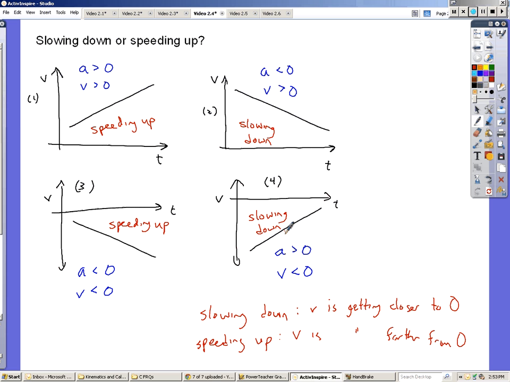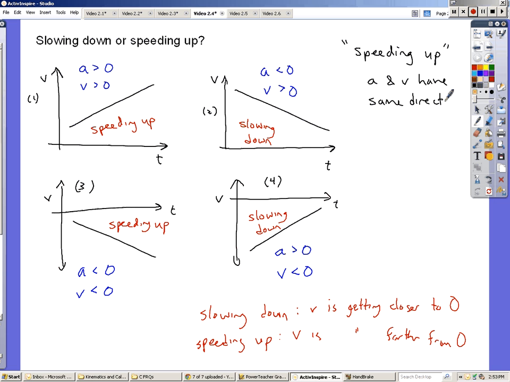If you look at the signs of A and V, what we can say about this is, well, the two that are speeding up, what they have in common is that the acceleration and the velocity are either both positive or both negative. So we can say that speeding up, which is a general term, means that A and V have the same direction.